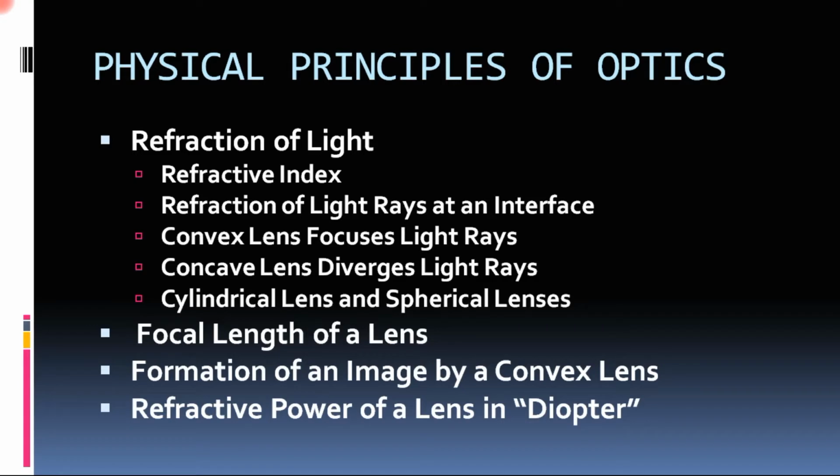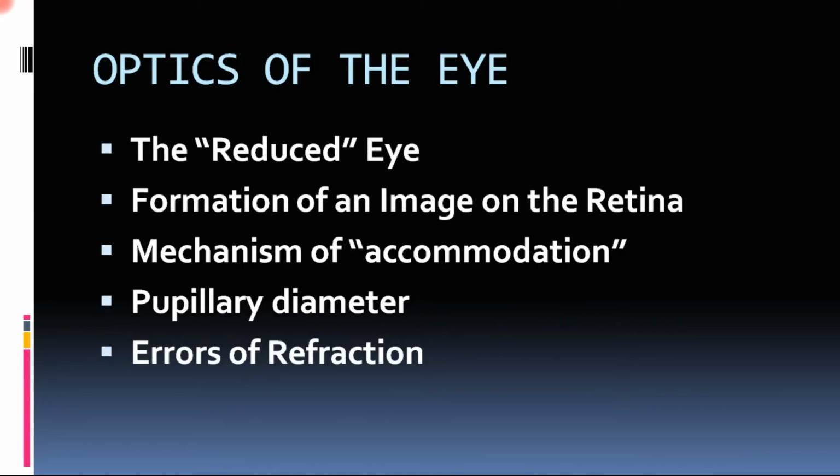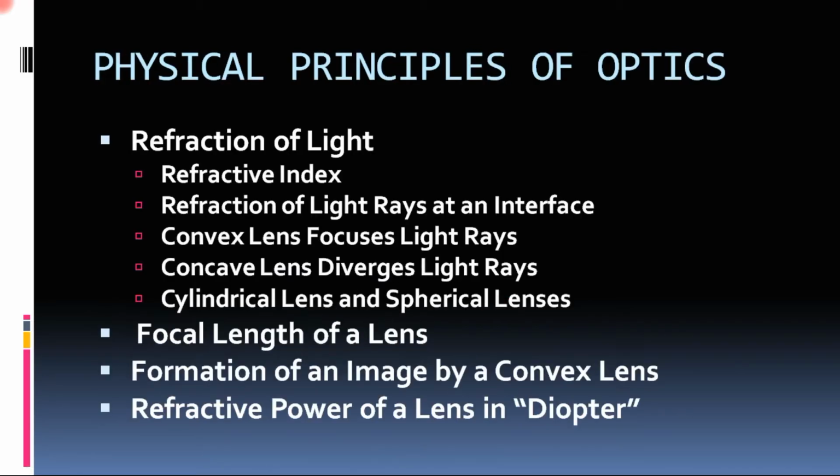We'll be dealing with this topic under two basic headings, that is the physical principles of optics and the optics of the eye. So in physical principles of optics, we are going to see the refraction of light, various physical principles involved in the refraction of light, then the focal length of a lens, formation of an image by the convex lens, and refractive power, which is measured in diopter.